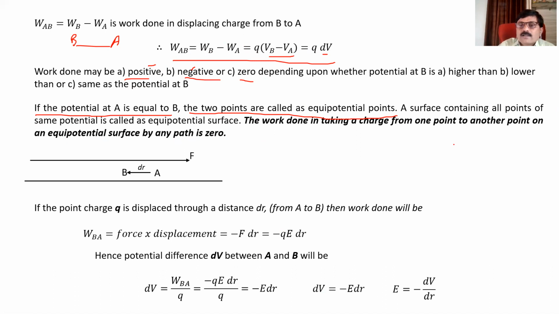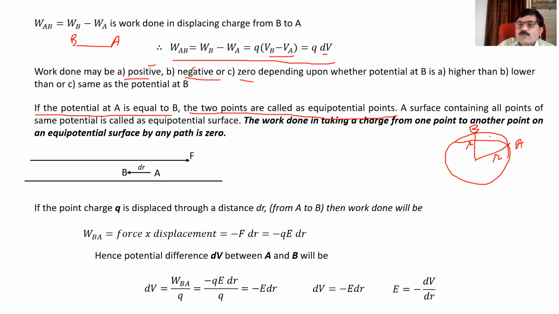For example, let us consider a spherical surface somewhat like this, and suppose the charge is situated at this center point. Then the potential at this point and at this point will be the same, because this will be the radius, this will be the radius, and these 2 points will be equipotential. So if this point is A and this point is B, since they are at the same distance, these 2 points will be equipotential points.